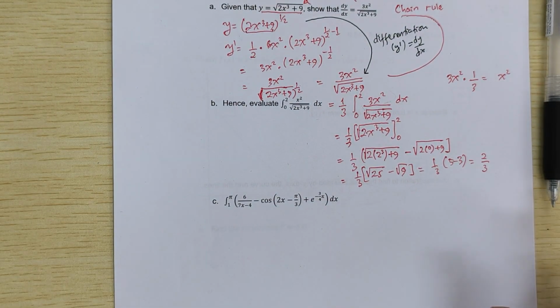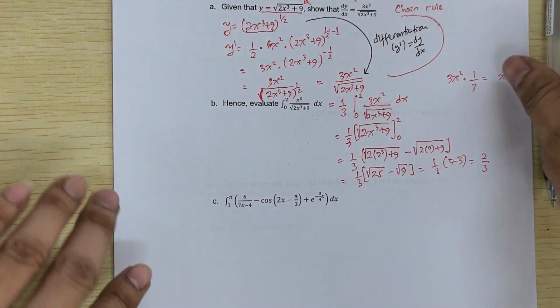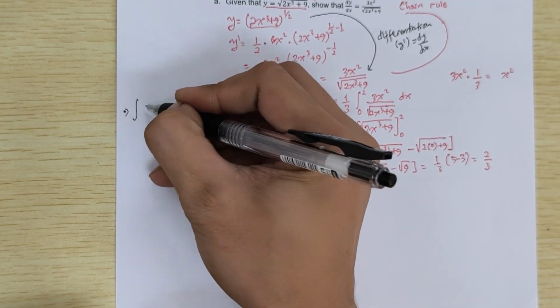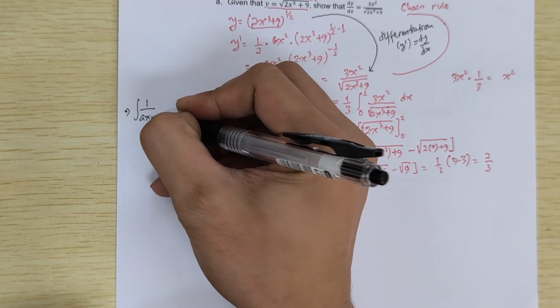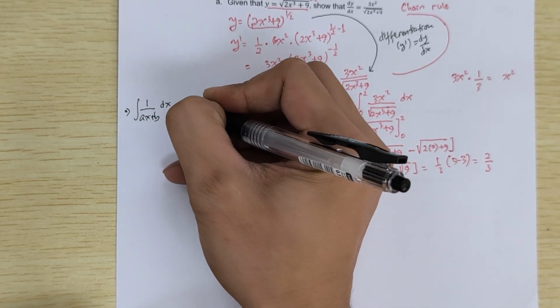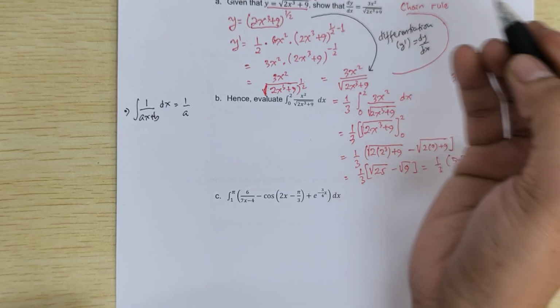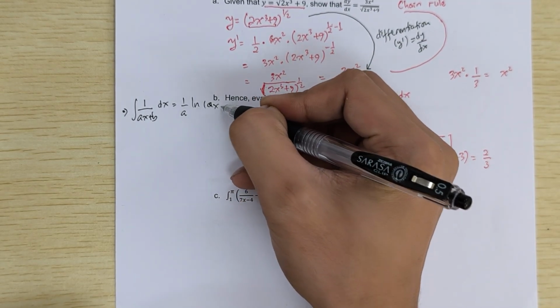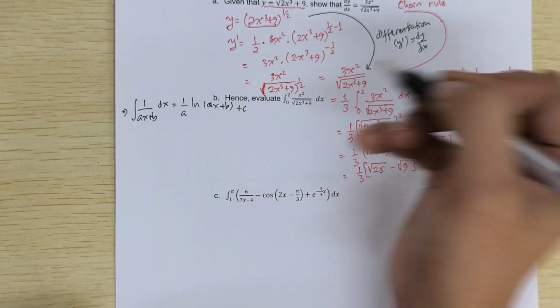The next one, you will need several formulas. The first one is the integration of ln, or natural logarithm: the integration of 1 over (ax plus b) dx is 1 over a ln of (ax plus b) plus c.